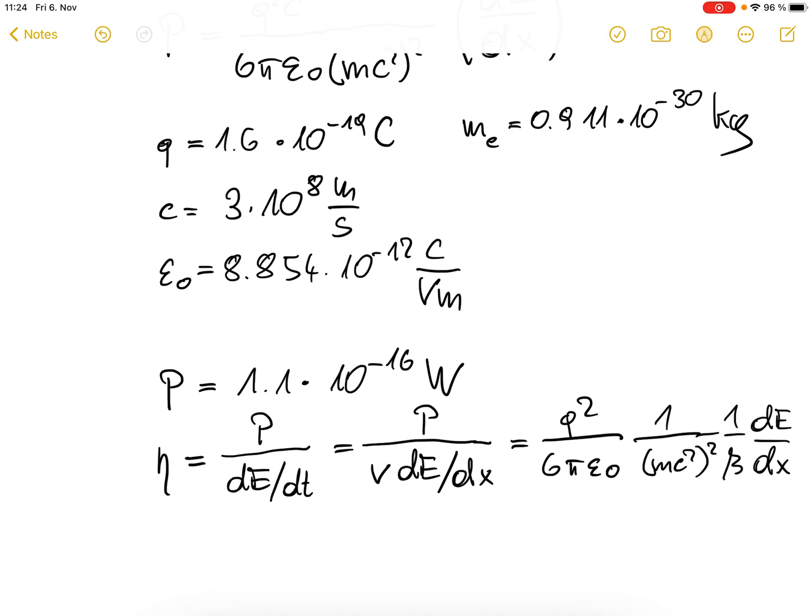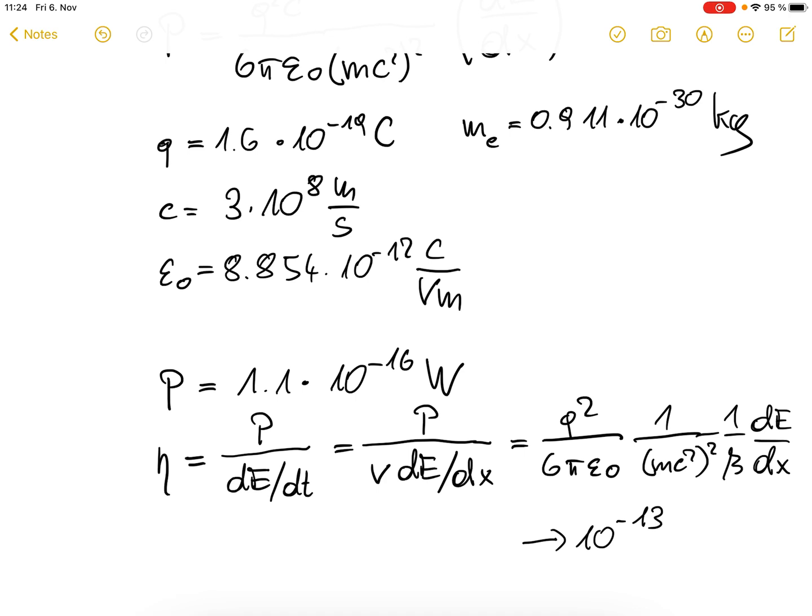And if you insert the numbers here, you get an energy efficiency of very roughly 10 to the minus 13, which means it's extremely inefficient to produce electromagnetic radiation by linearly accelerating a charge. It's not efficient at all. Good. That's a different way of saying what we already knew.